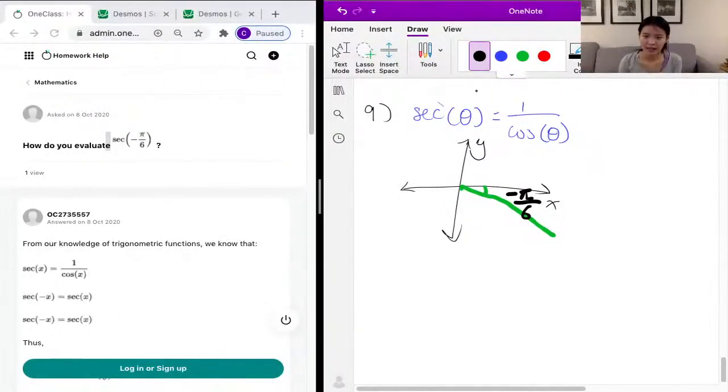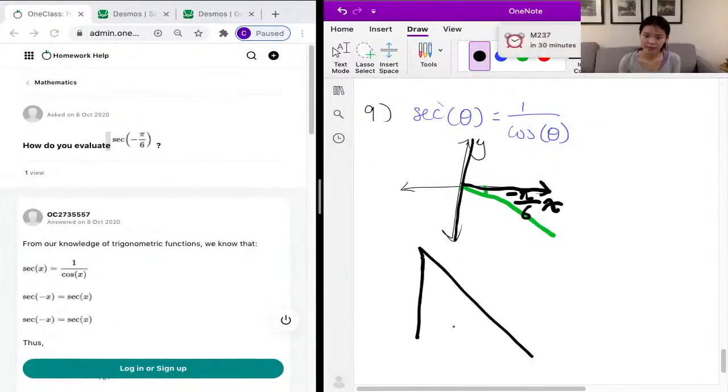And over here, because it's on the right-hand side of the y-axis, x is positive. And in the unit circle, the x values have the same signs as the cosine values. So we know that our cosine is positive. Since secant is 1 over cosine, our secant is also positive.